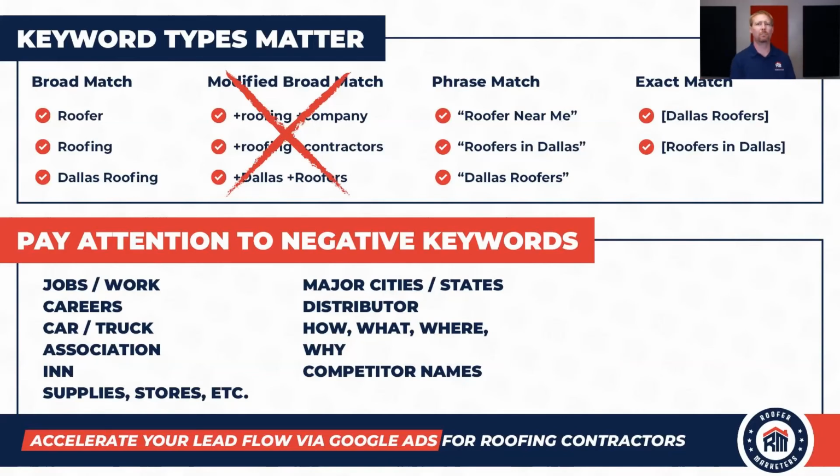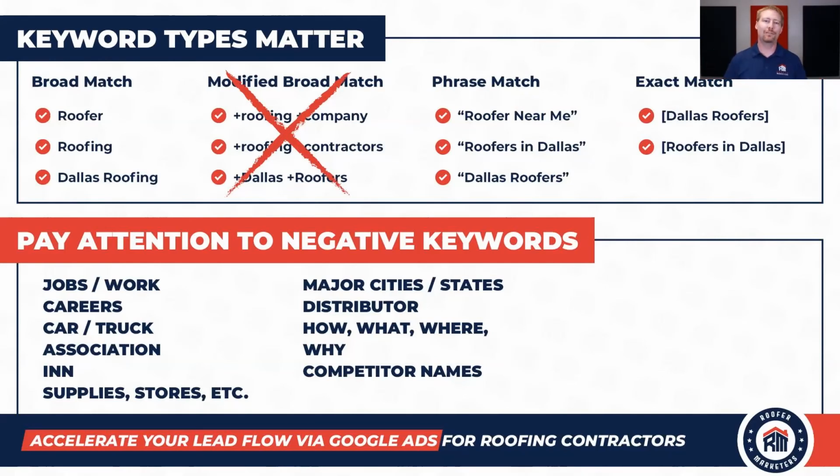Competitor names are the biggest, man, in roofing. You will waste a lot of budget on competitor names. Even with a properly structured campaign with phrase match and exact match keywords, having a real tight circle on that, you will waste a lot of money on competitor names. And again, you're not going to get them all, right? So you go in, you search Home Advisor, you search Angie's List, you search the map section, you search Yellow Pages, and you just develop the largest list possible that you can.